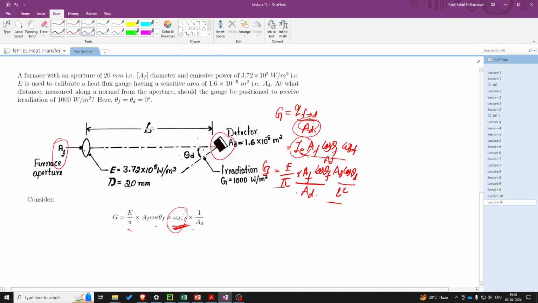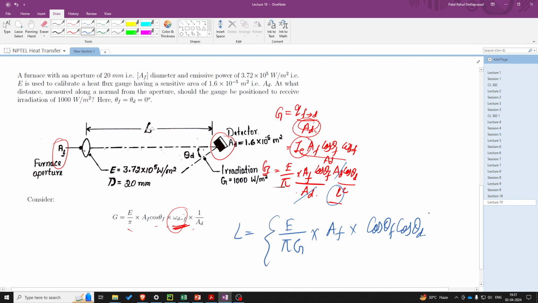So yes, we derived this formula, and from that we can find the value of length that has been asked. So length will be E upon pi times G into A_F, and then this A_D will get cancelled out, into cos of theta F cos of theta D. Yes, that's all.